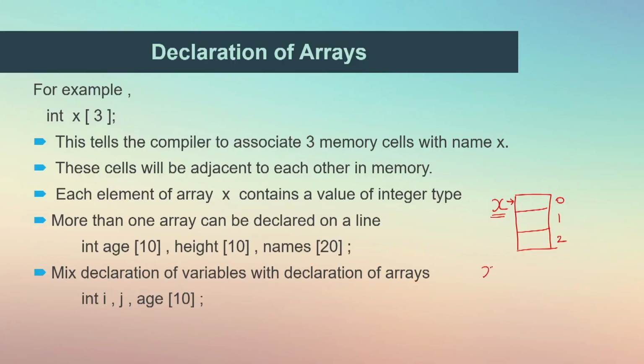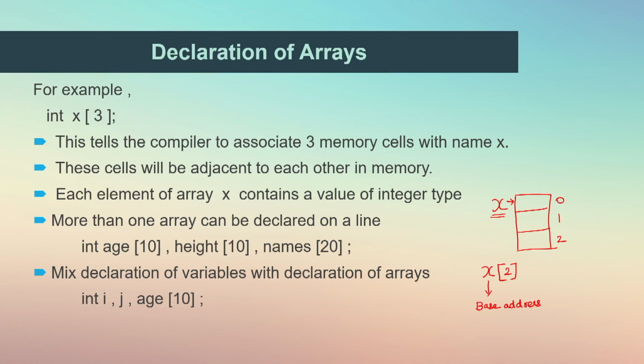I have to refer to it as x of 2. When I use the name x, the base address of the array is associated with the name x. So, the compiler will be able to identify from which particular location the memory allocation starts for the array. Once that is done, we can apply the subscript.